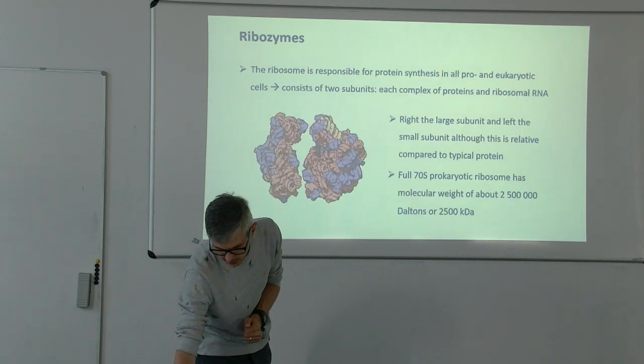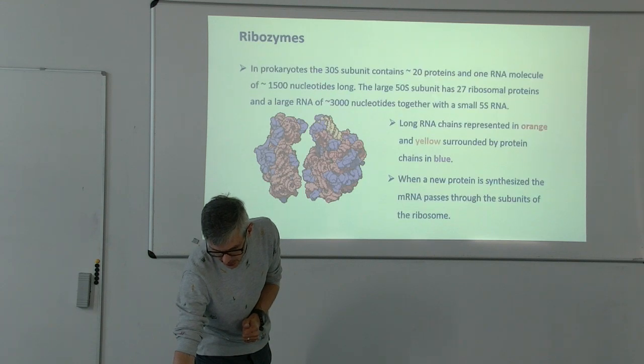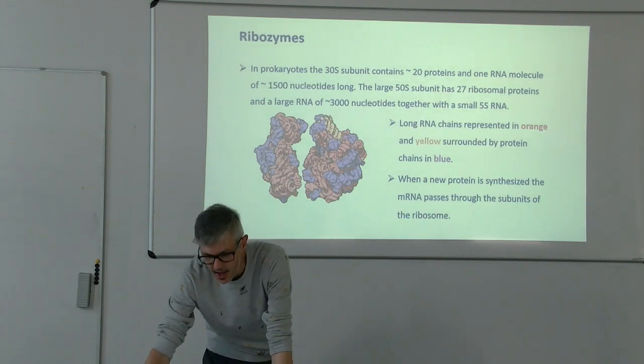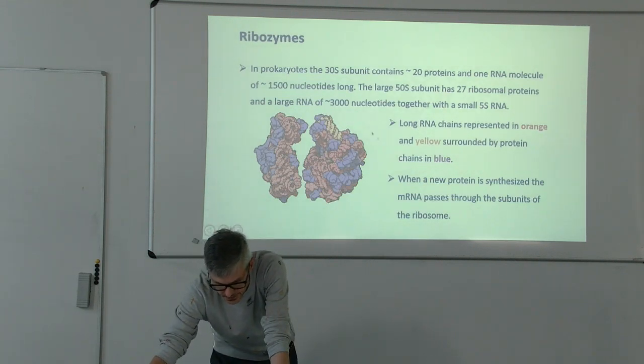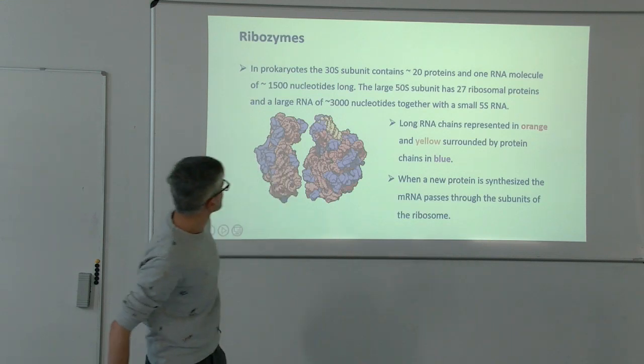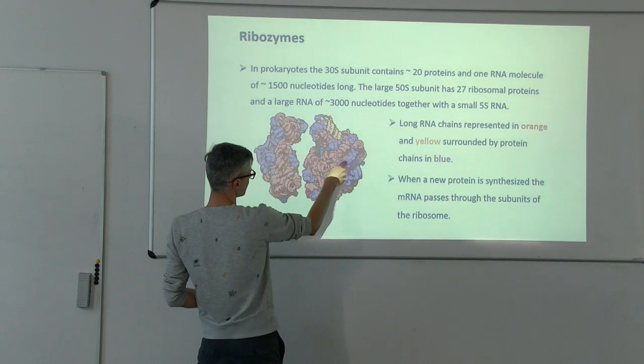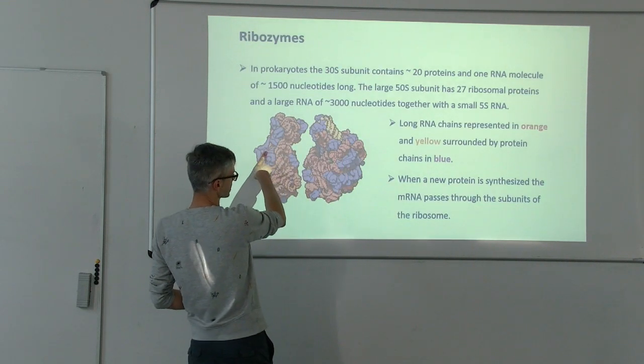And then maybe finally the ribosomal RNA, how that works. So this is actually a combination of proteins and RNA molecules. I don't know if it's easy to see on the screen. So the blue ones here are protein molecules.